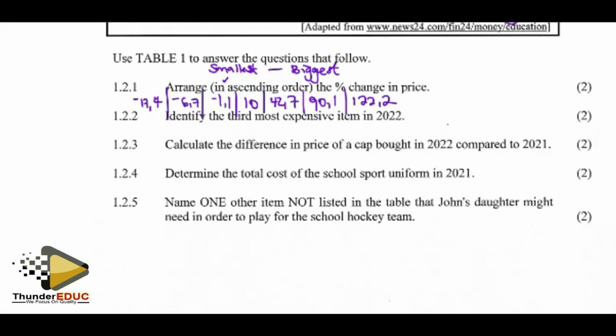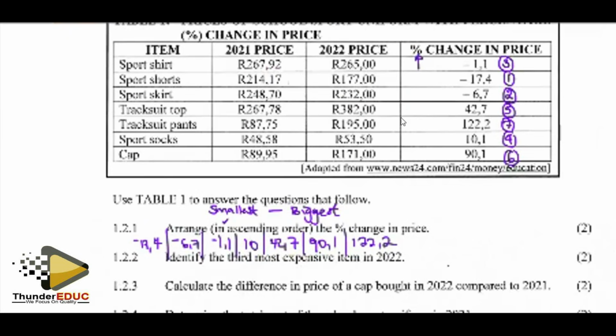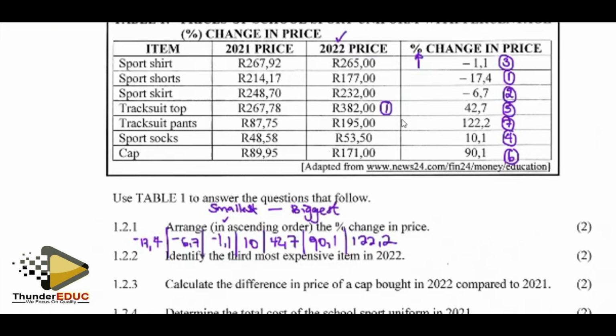Identify the third most expensive item in 2022. So 2022 is this. We identify the third most expensive item. Which one is the most expensive? It's this one here, followed by that one, followed by this.